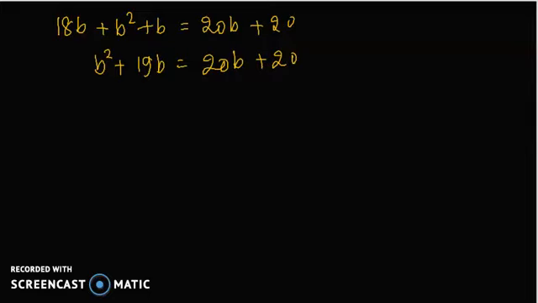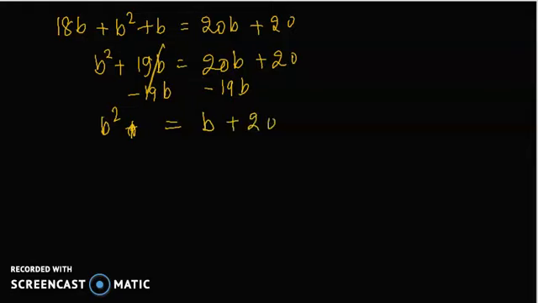And now subtract 19b both sides, minus 19b minus 19b, we get b square plus, now this will get cancelled, so you are left with b square equals b plus 20.